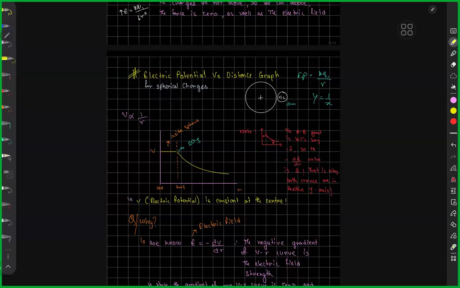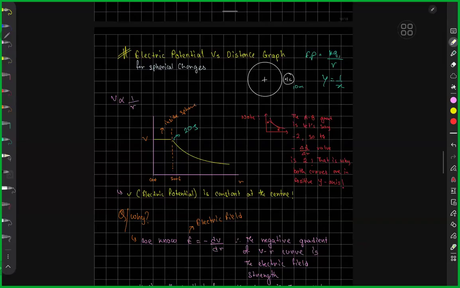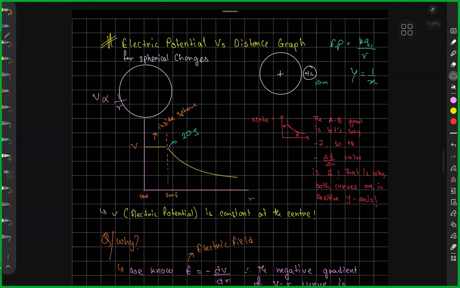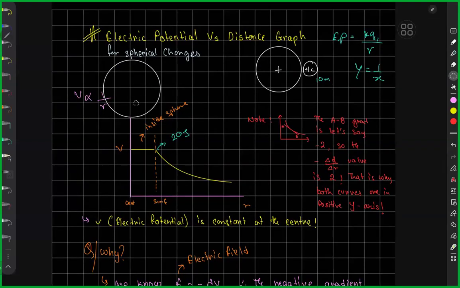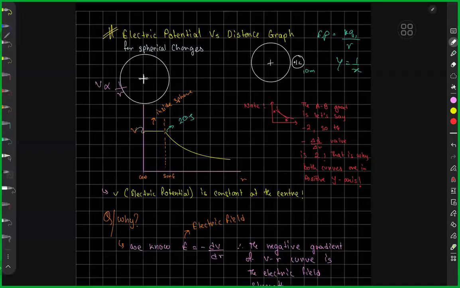Now what we want to see is, I'll ask you another question. If this is my positive charge sphere, and this is inside the sphere, and this is a positively charged sphere, how do you think the left-hand side of the graph would look?